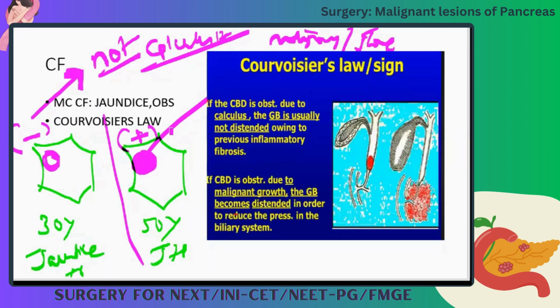Is it clear? So this is about Courvoisier's law. If the gallbladder is palpable, then it is a malignancy. If the gallbladder is not palpable, then it is due to stone, only calculus.